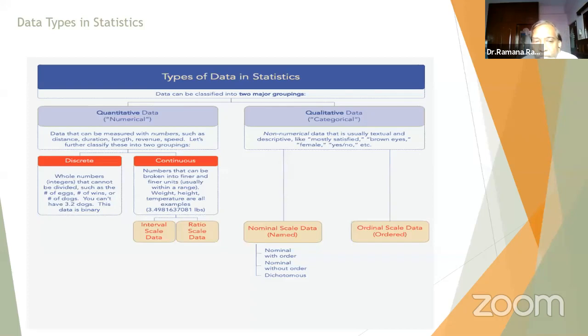The converse is, wherever a fraction makes sense, it is continuous. For example, the speed of the car is, say, 2.5 kilometers per hour. It still makes sense. So that is the continuous data type. This clear-cut distinction is required, because every statistical test you plan in research studies depends on this.